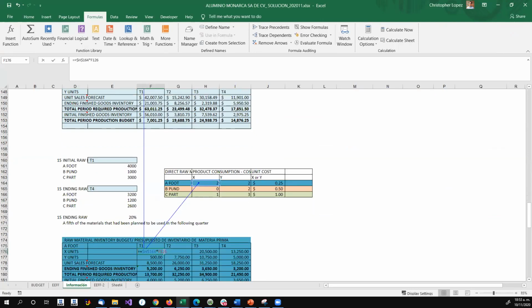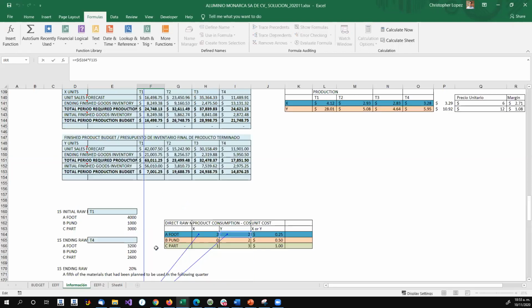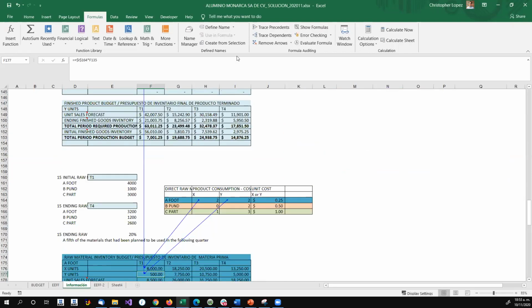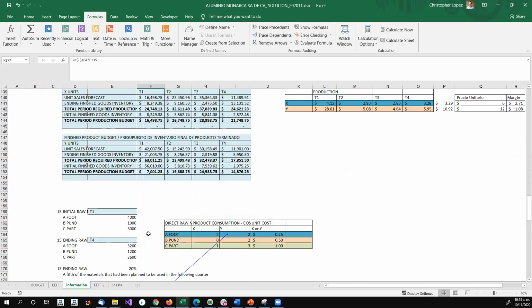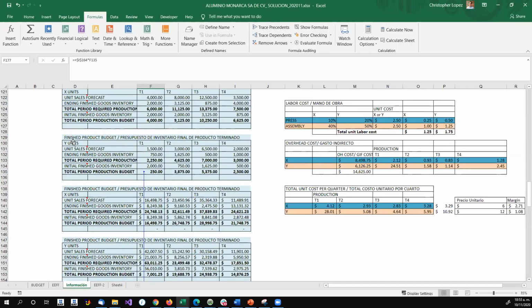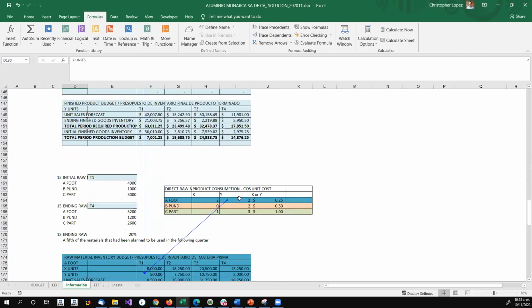And that gives me 8,000, you see? Very easy. And the next one is the same. Well, in this case it is Y. Let me erase the other one so you don't get confused. So I'm gonna multiply my production budget of Y units in this first quarter times the usage of the Y units. And that's gonna give me 500, okay?